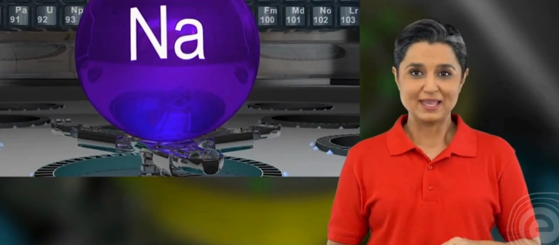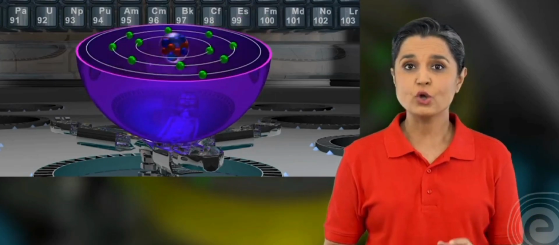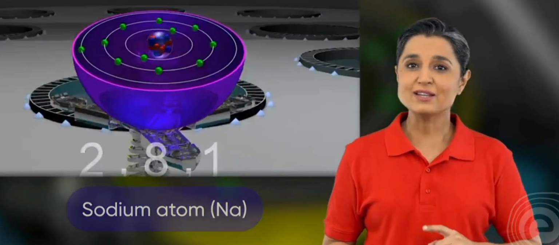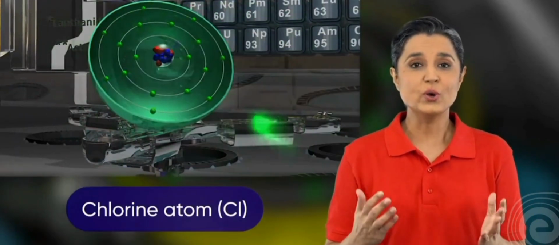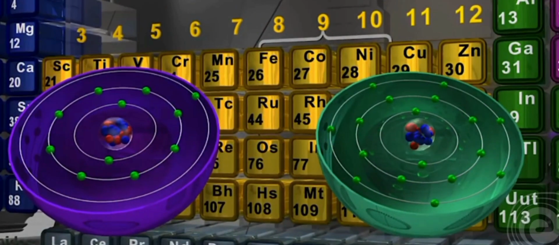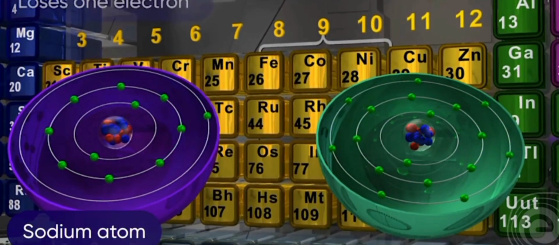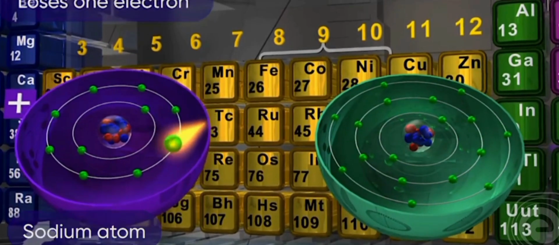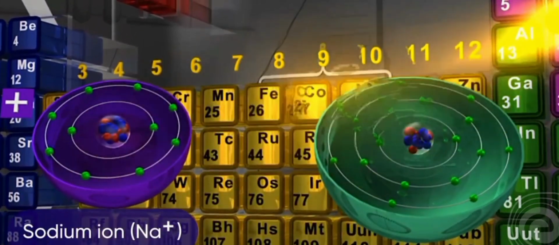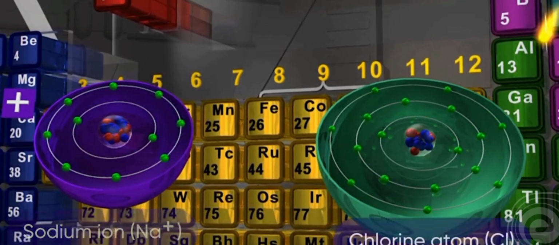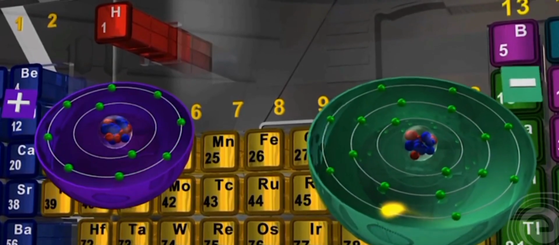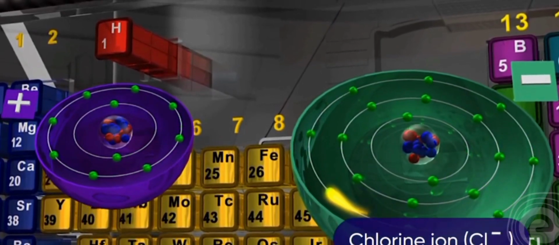For example, the electronic configuration of sodium is 2, 8, 1 and that of chlorine is 2, 8, 7. Sodium finds it easier to lose one electron rather than gaining 7 electrons to complete its octet, while chlorine easily accepts an electron rather than losing 7 electrons to complete its octet.